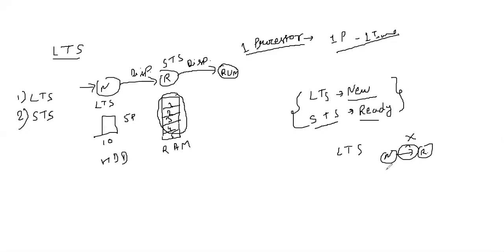A scheduler works on states. So the long-term scheduler works on the new state, and the short-term scheduler works on the ready state. They do not work between states, and a scheduler is not used to send a process from one state to another.